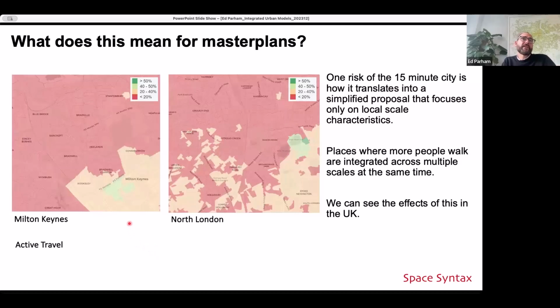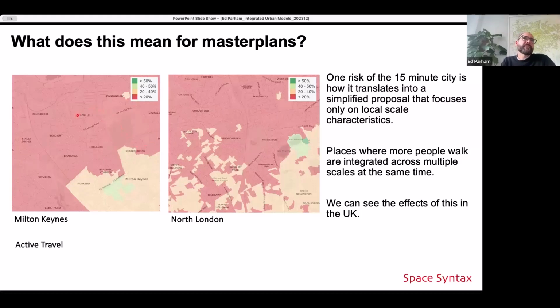And we can see as well that there are relationships to how many people walk or cycle to work. This is using census data. At first, these look very similar. The red means that less than 20% of people walk or cycle to work. But you can see that there are a series of smaller boundaries within this. Because this is census data, each of these boundaries has a similar number of people.